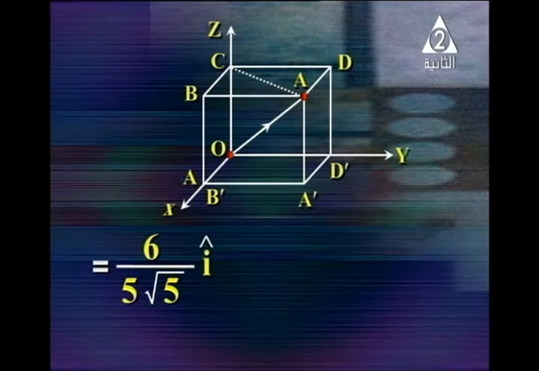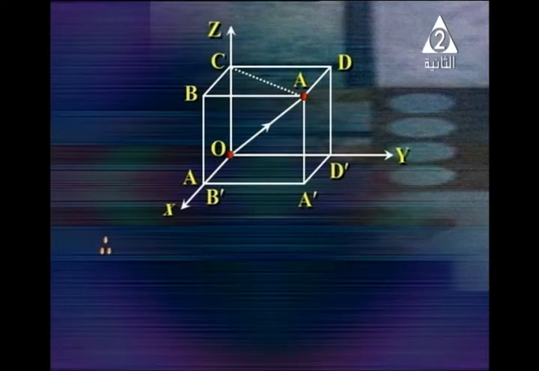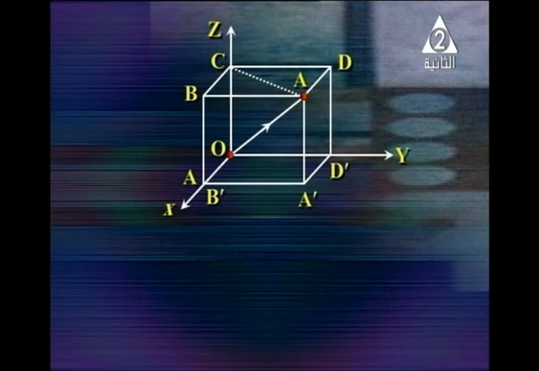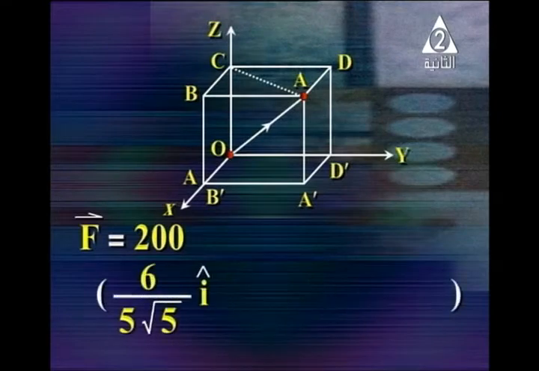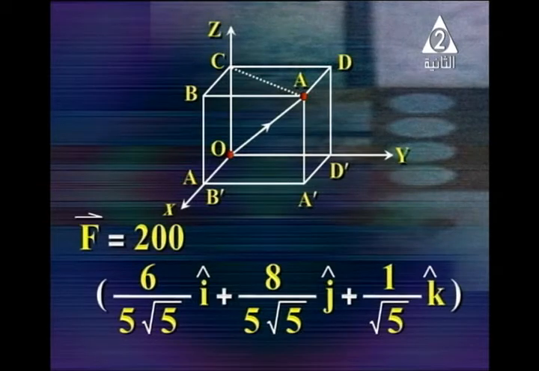Then, by substitution, the answer is 6 over 5 root 5 i vector plus 8 over 5 root 5 j vector plus 1 over root 5 k vector. Then F in algebraic form is expressed as follows: F equals 200 multiplied by 6 over 5 root 5 i plus 8 over 5 root 5 j plus 1 over root 5 k.